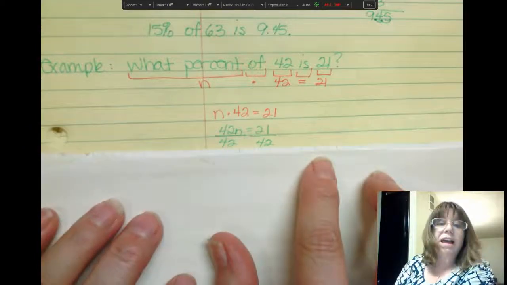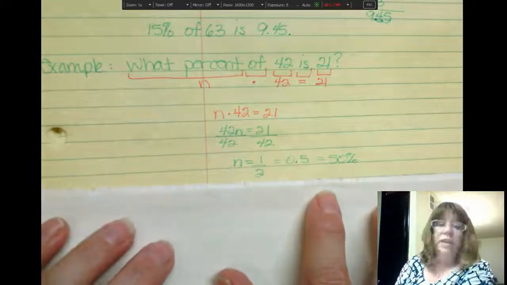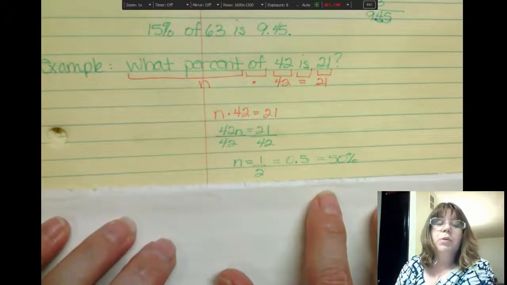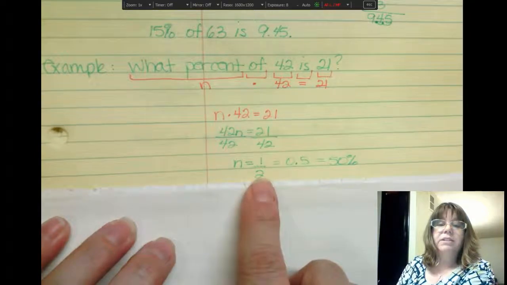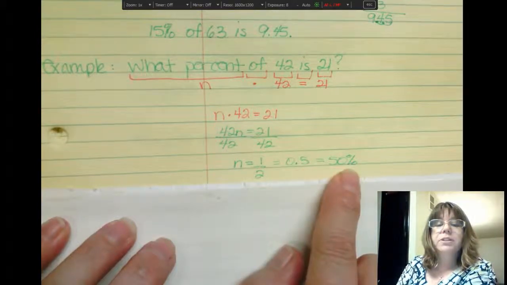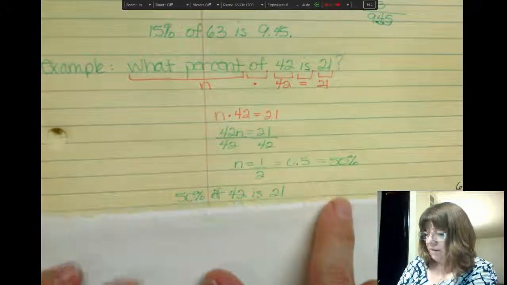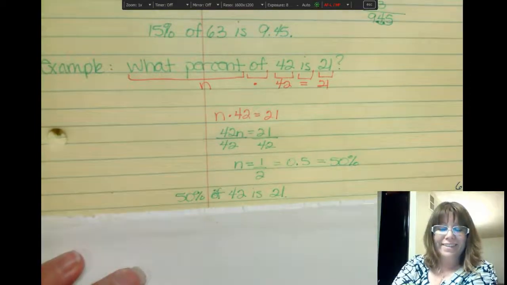Now we're going to divide both sides by 42, and we get 1/2. But remember, we're looking for a percent, so we do need to write it as a percent. 1/2 in decimal format is 0.5, and 0.5 is 50%. Therefore, 50% of 42 is 21.